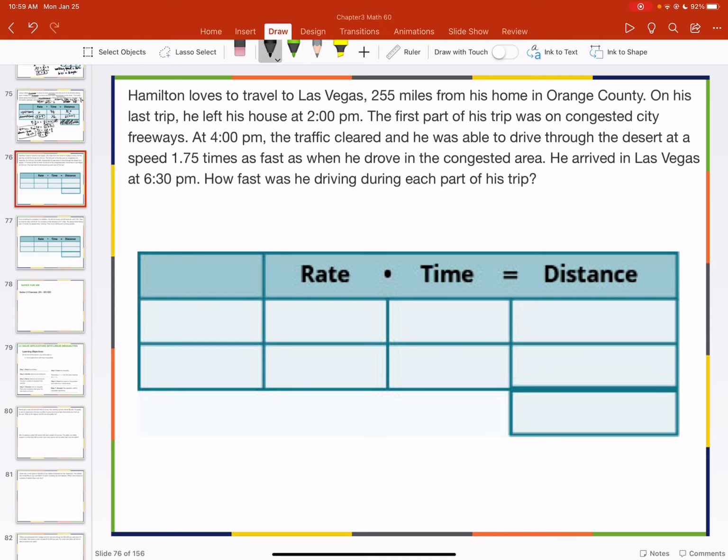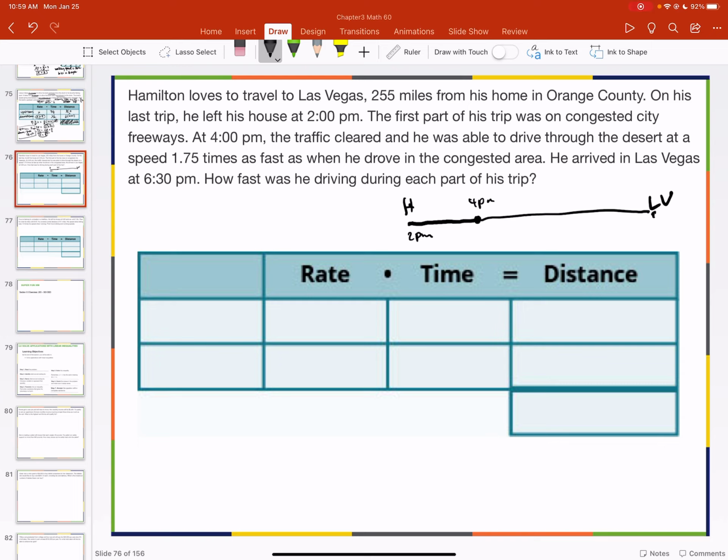Okay, so he's going to Las Vegas. If it helps to draw a picture, you draw a picture. Here he goes. This is Hamilton. He's starting here. He's going to Las Vegas. So he leaves at 2 p.m., and then he goes through this first part that's really crazy, and then at 4 p.m. he gets here, and then here he goes a lot faster, okay?